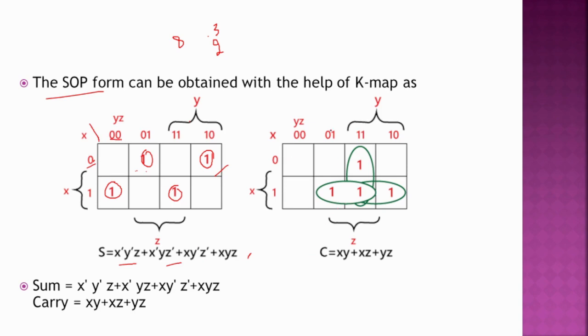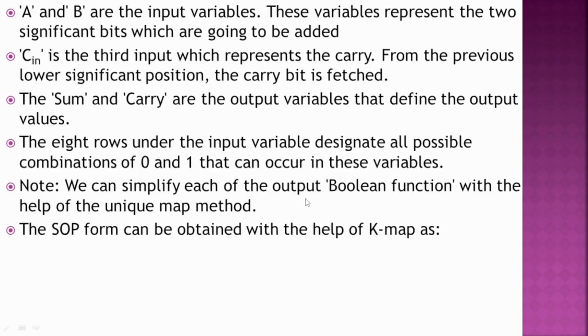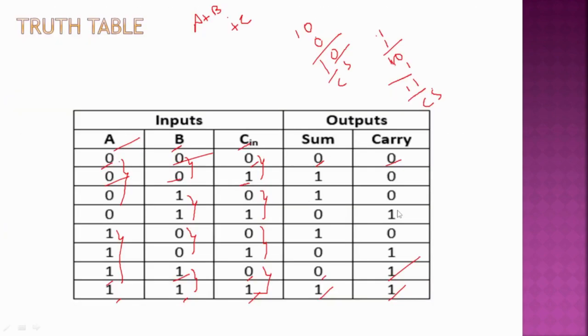Like that you need to fill the K-map for carry. Afterwards do the mapping. When you get the carry value as 1, you will get 1 1. When a equal to 0, b equal to 1 and c equal to 1, you will get the value as 1. Afterwards, when a equal to 1 and c equal to 1, you will get the value as 1. Again in the last two values you will get the carry as 1.